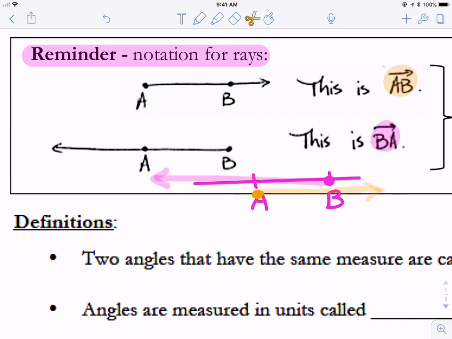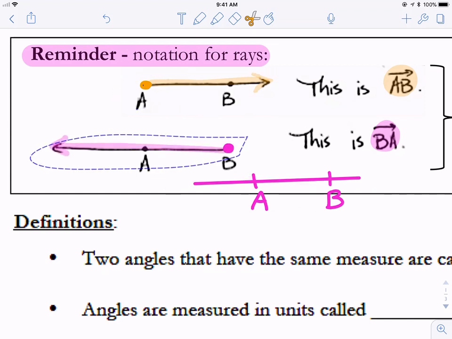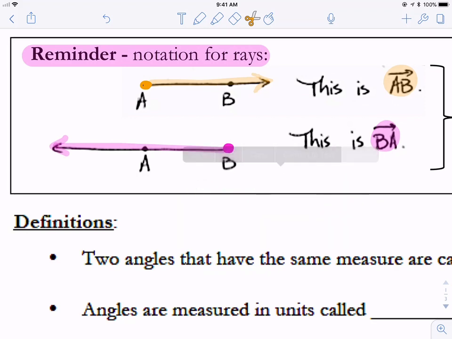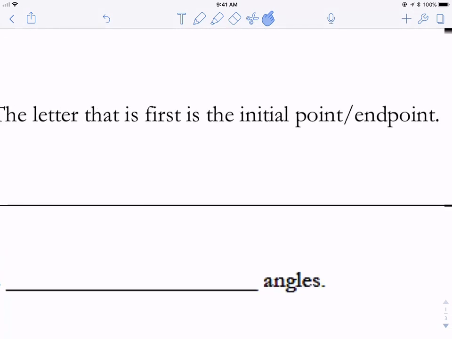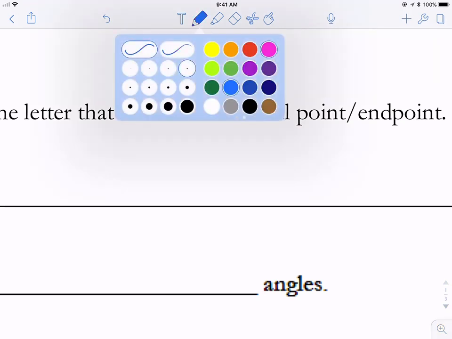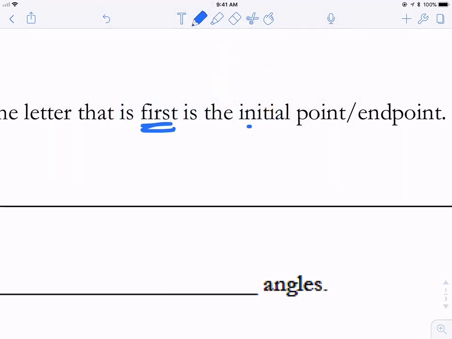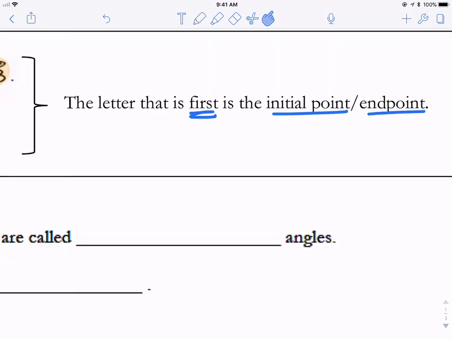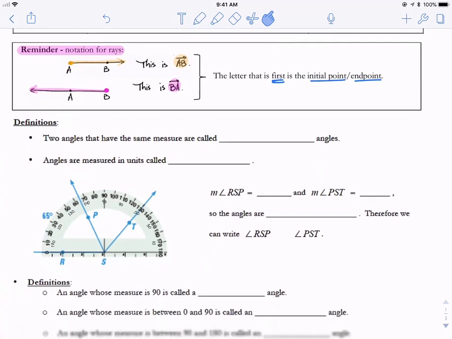And again, they're not opposite because they overlap at all these points inside here, but they do go in opposite directions. All right, so the first letter is the initial point, or sometimes we call it the endpoint. Okay, so those do mean different things.